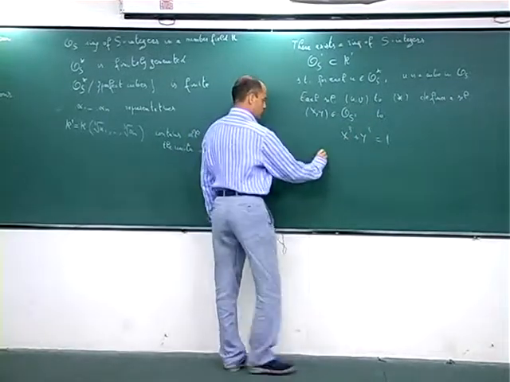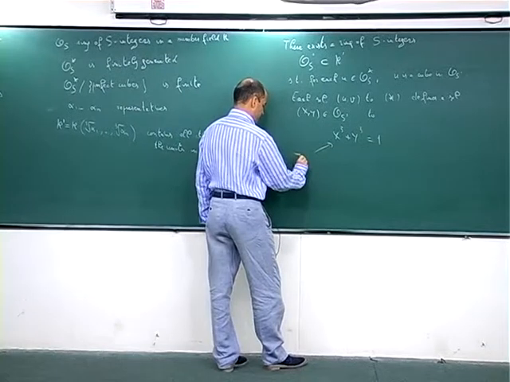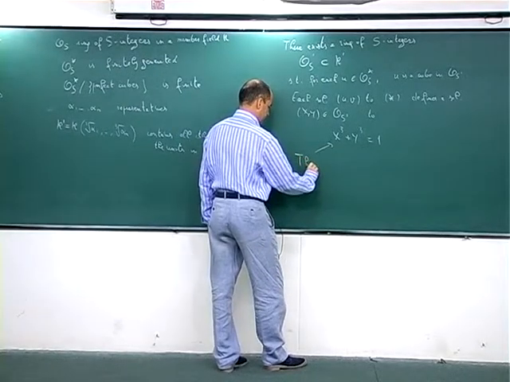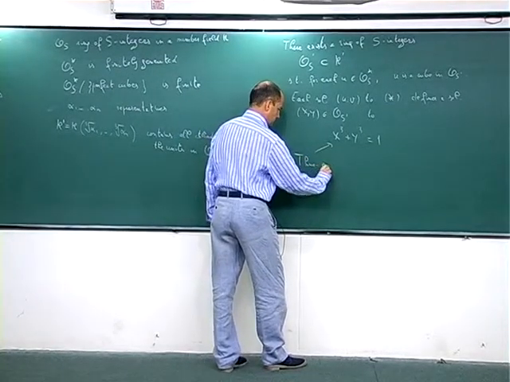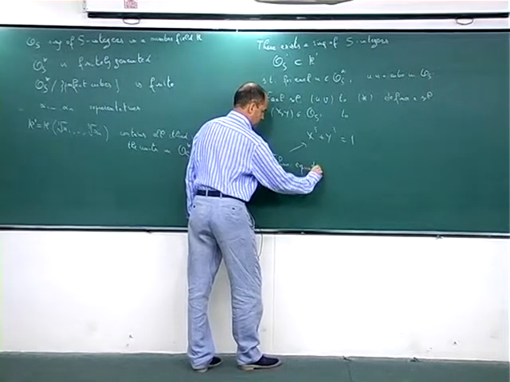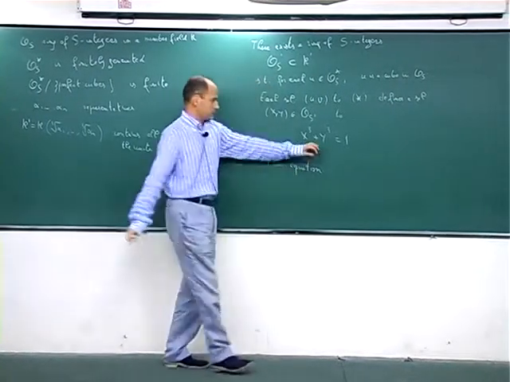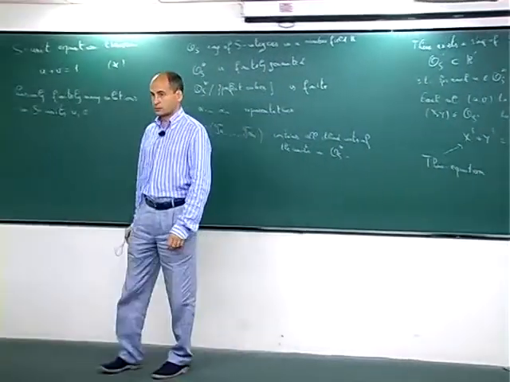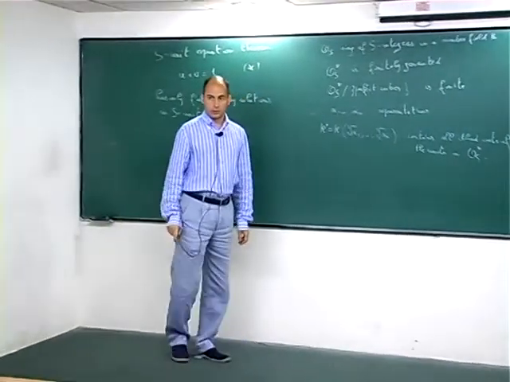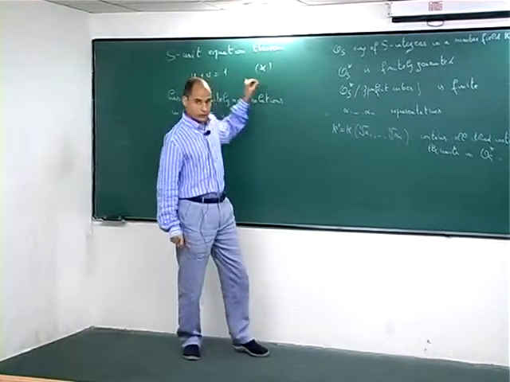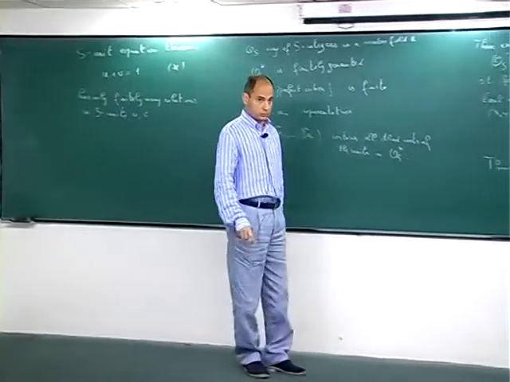And this is a Fermat equation. It has only finitely many solutions. So the original equation also has only finitely many solutions.